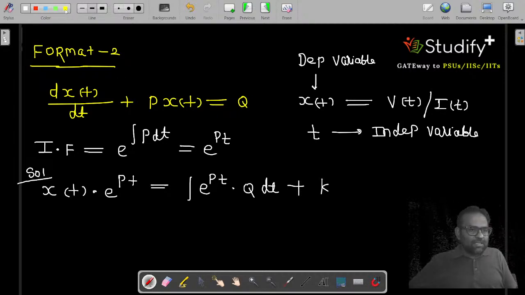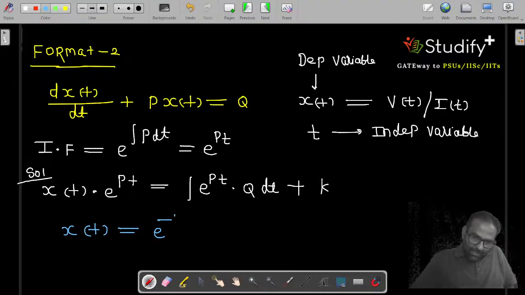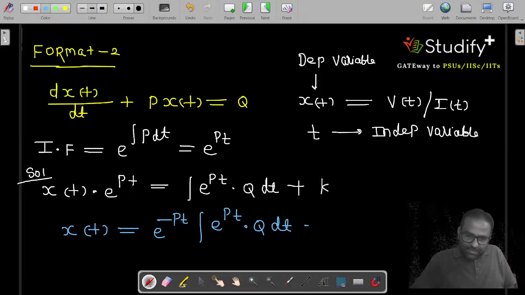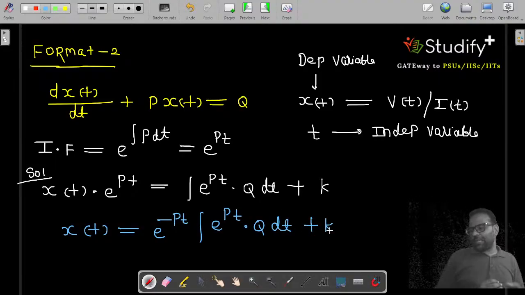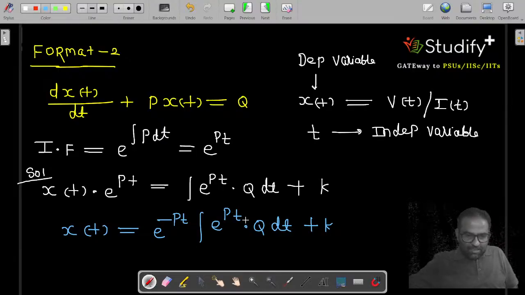When I solve this, this is our complete solution. We want the solution of voltage or current with respect to time. So you can say the solution x(t) is given by e to the power minus pt times the integral of e to the power pt into q into dt plus k. As we are learning the constant coefficient differential equation, if p is constant, the integration of e to the power pt is e to the power pt divided by p.